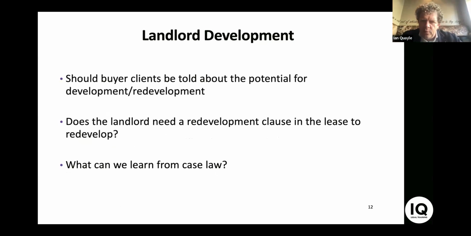The next thing I want to talk about is landlord redevelopment clauses. Again, there's been recent case law that highlights that a landlord does not need a redevelopment clause in a lease to redevelop. There may be clauses within leases that prevent redevelopment, but you don't need a redevelopment clause to redevelop. Therefore, I do think it's important that leaseholders are made aware that planning applications may be submitted to increase the height of buildings, or to increase the number of buildings on a development, all of which potentially might be inconvenient as far as the client is concerned.